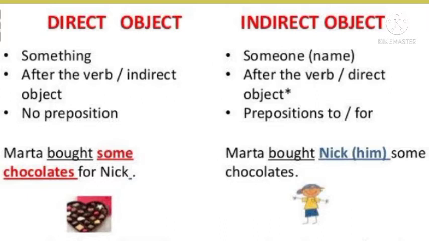Another difference is that a direct object comes after the verb or the indirect object. So in a sentence, the direct object always comes after the verb or indirect object, so it will be the last part of a sentence.